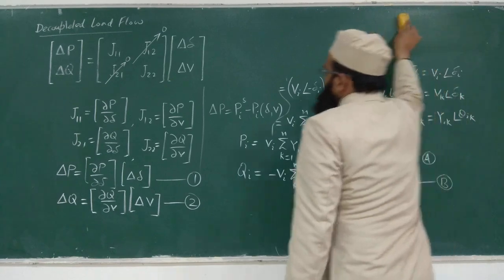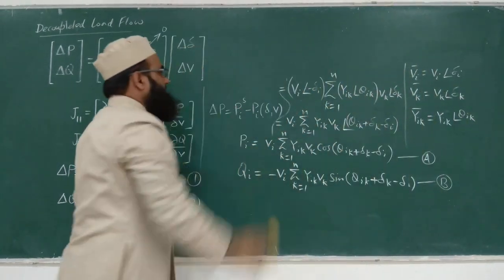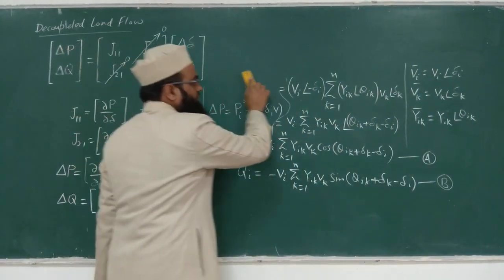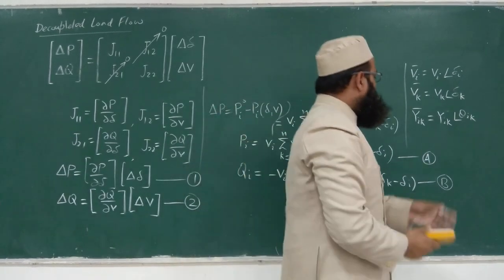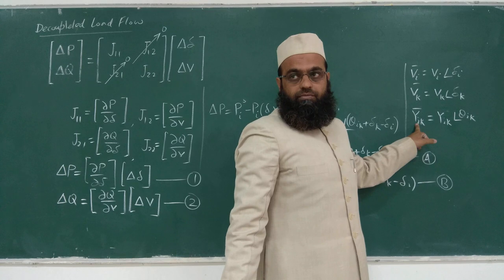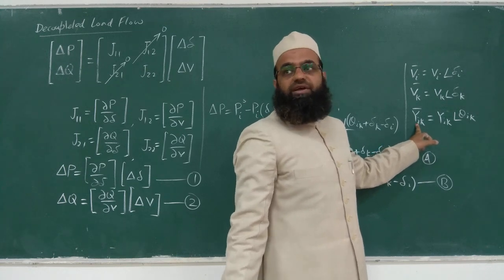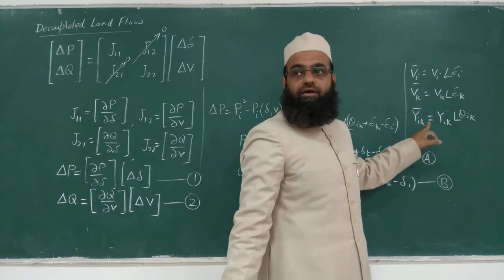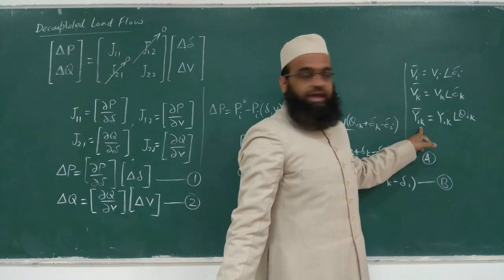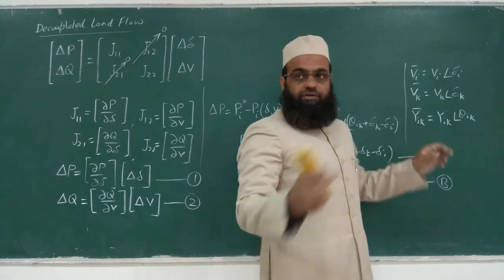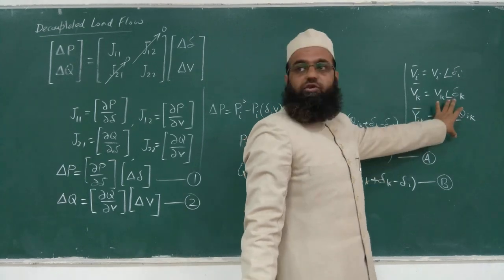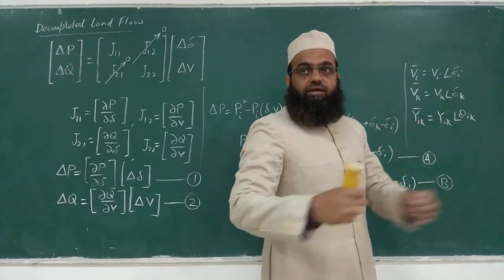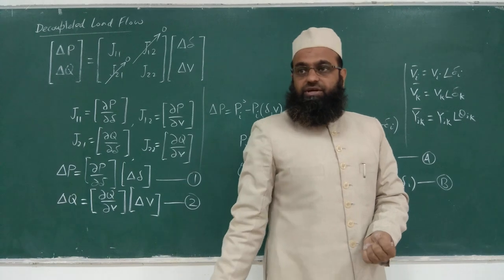So transmission lines are highly inductive in nature. Do you know? This is YIK, element of bus admittance matrix corresponding to ith row and kth column. It means if ith bus is connected with kth bus, then we will get some non-zero value, and that transmission line is highly inductive in nature.